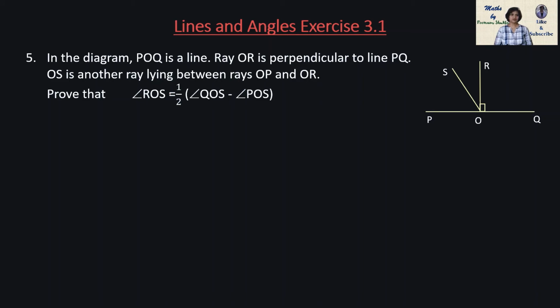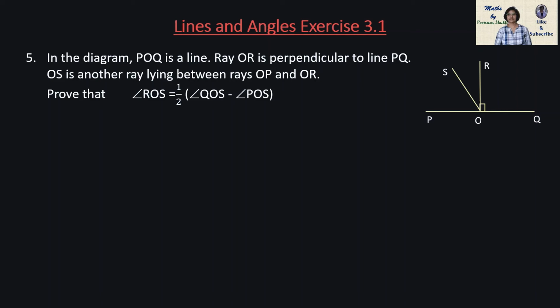Now we will come to question number 5. In the diagram, POQ is a line, ray OR is perpendicular to line PQ, and OS is another ray lying between rays OP and OR.